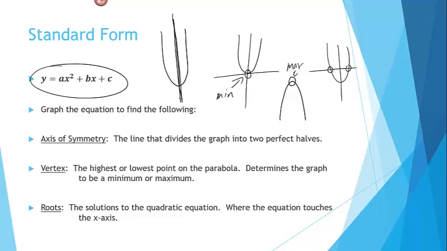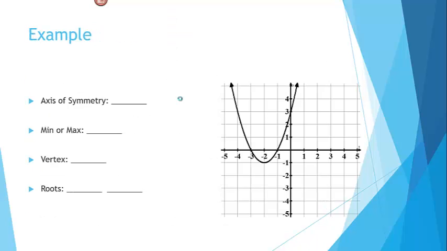Okay, now moving on. One of our two examples, our axis of symmetry. Let's find that of this graph here, and that would be right here, our axis of symmetry, and that is the point x equals -2. So we're going to put x equals -2. Then is it a min or max?